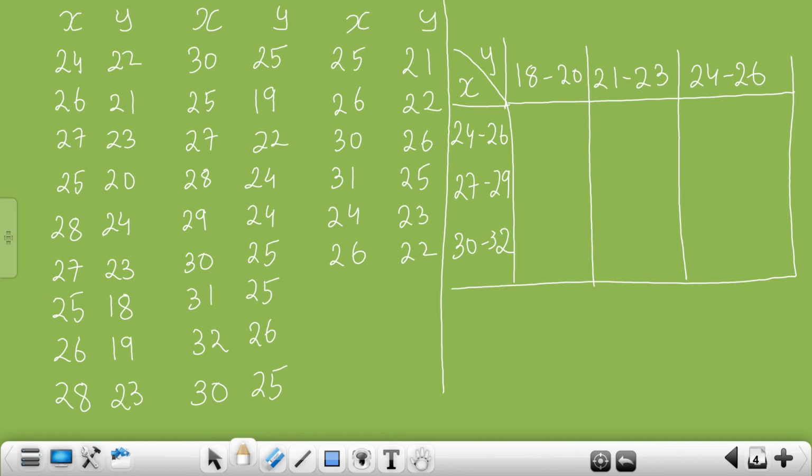So the first tally mark that we put, for 24 and 22, will be: x is 24, which lies between the first class interval of x, 24 to 26, and the value y, which is 22, lies in the second class interval of y, which is 21 to 23.